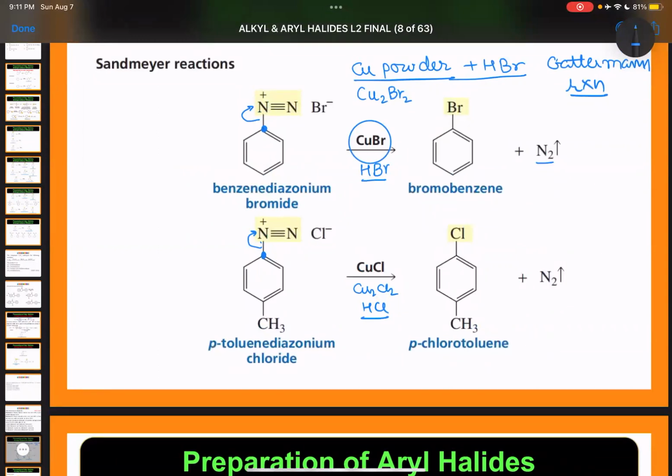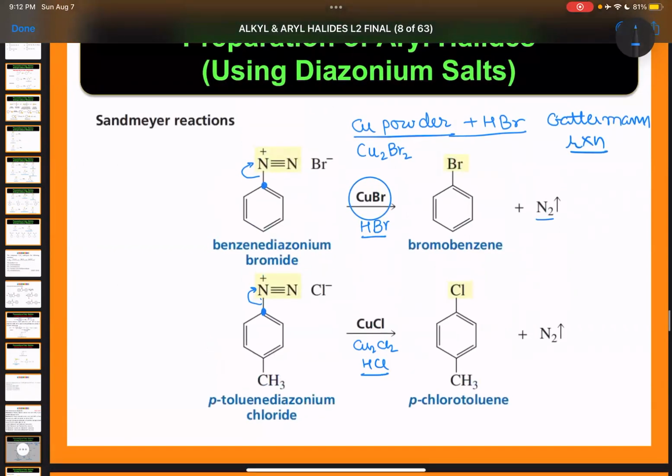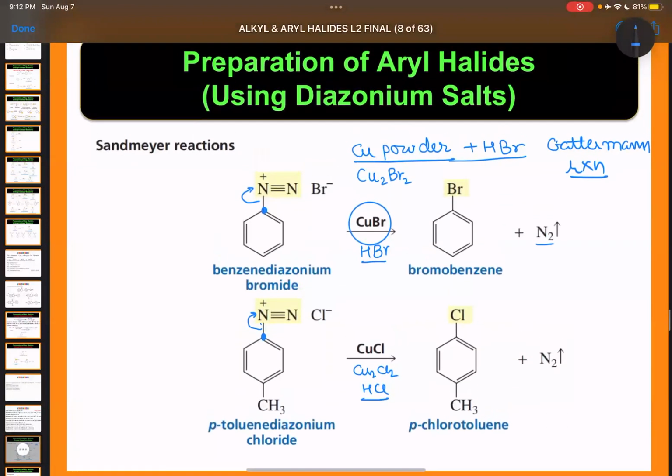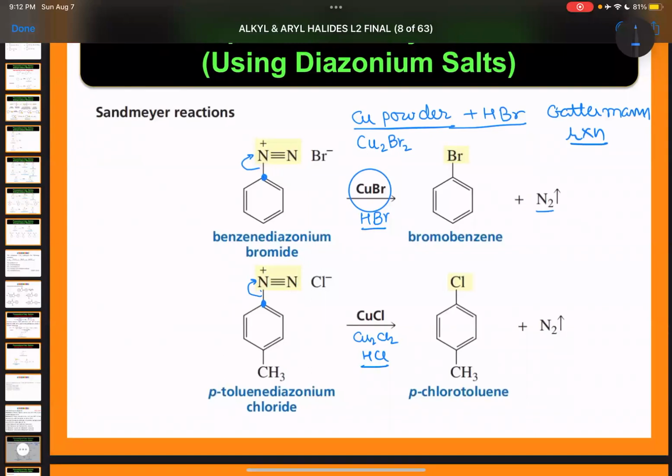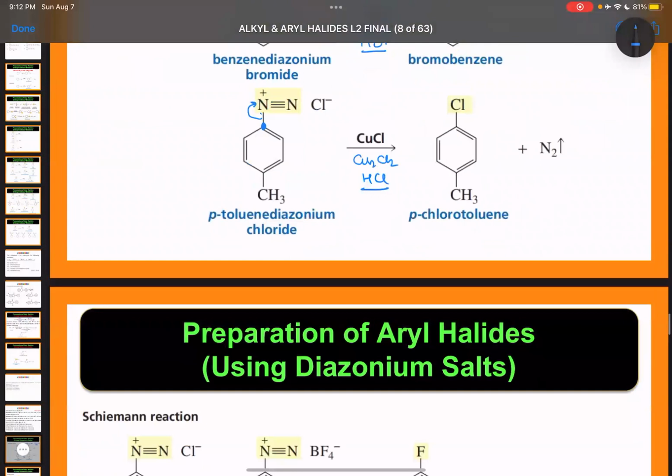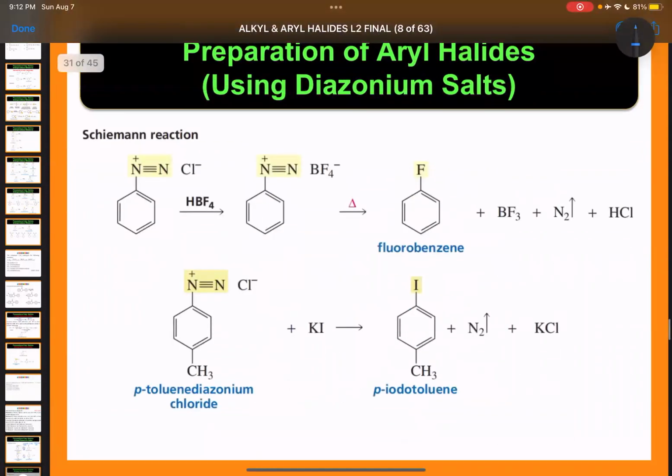Because you can attach Cl and Br directly by taking Cl2 and FeCl3, or Br2 and FeBr3. But for fluorine, this is the only method.